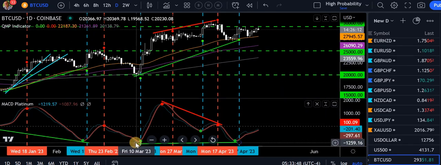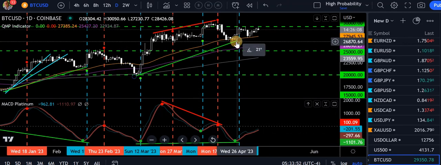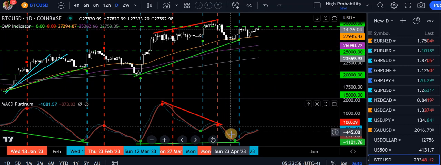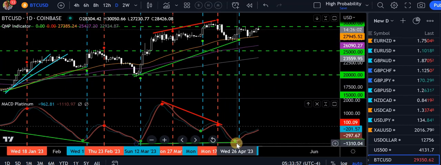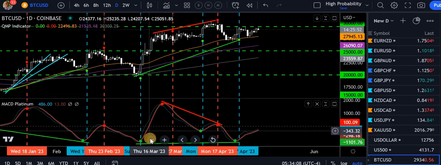This one's probably a bit of hidden bullish divergence there. Higher lows on price and slightly low on the, yeah, it's probably even a double bottom on the MACD Platinum. But definitely divergence.